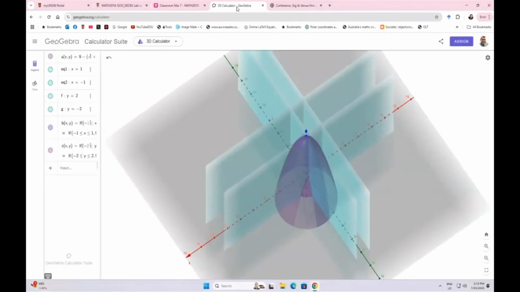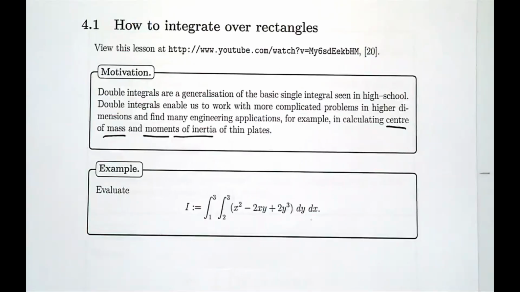Okay, so let me just put that back up there. Yeah, all right. So we have some idea of what we're trying to do, but let's actually look at a case study, okay, a problem. Here we have this expression.